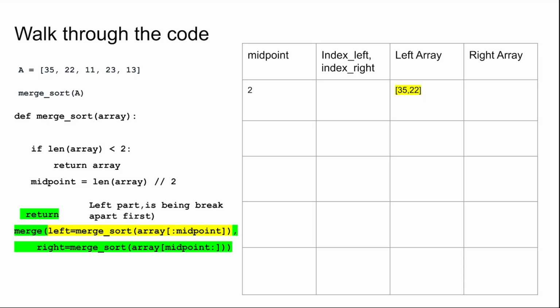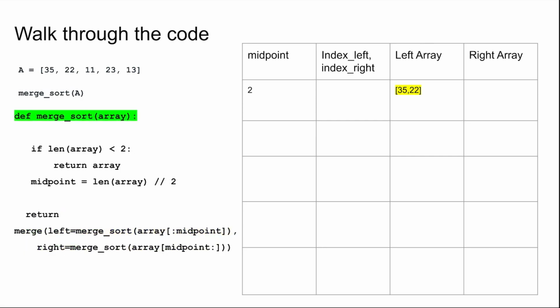When the algorithm goes through, the left equals merge sort of array is going to execute first. Since we already know the midpoint is equal to 2, 0 to 2 is going to be the left part. So the left array is going to have elements 35 and 22. The merge sort function is going to be recursively called, but this time the array is equal to the left array, 35 and 22, instead of the whole array.